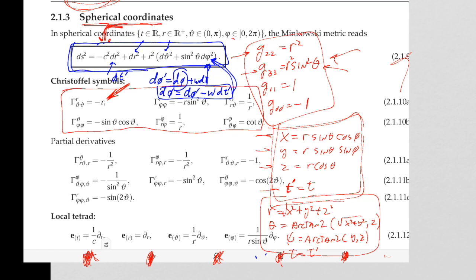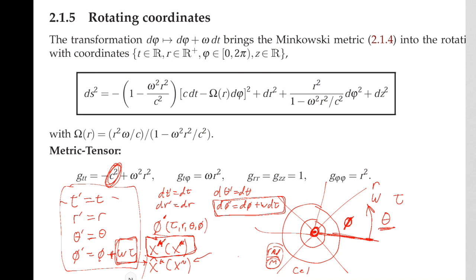Those don't change, there are no coefficients, there's no functional relationship. It's an identity transformation for everything except this last one. So if I make that substitution, I'm going to end up with this metric here.